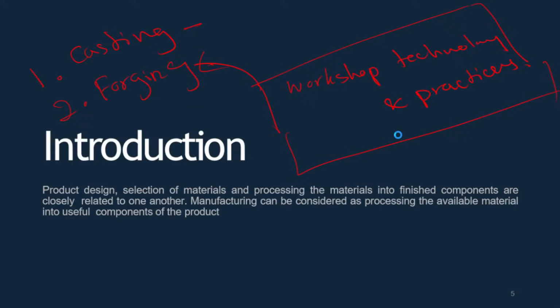So we have three main categories. We can cast, we can do forging operations, and we can create our machine parts using machining processes. Casting, forging, machining.